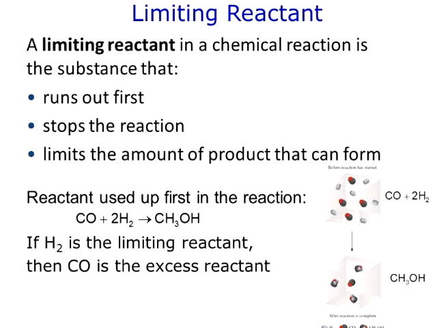A limiting reactant in a balanced chemical equation works in a similar fashion. A limiting reactant in a chemical reaction is a substance that runs out first. When it runs out, that limits the amount of product that can be obtained. When that happens, the reaction stops. So when that reactant runs out, typically there is another reactant remaining which would be in excess.